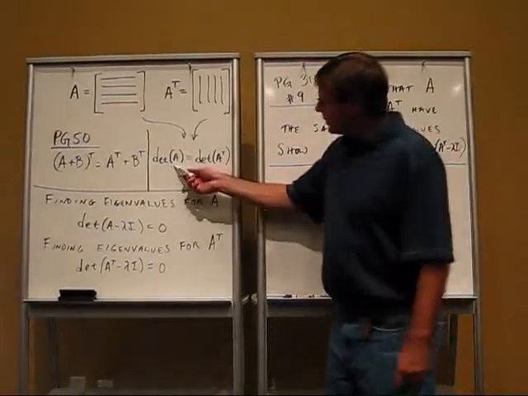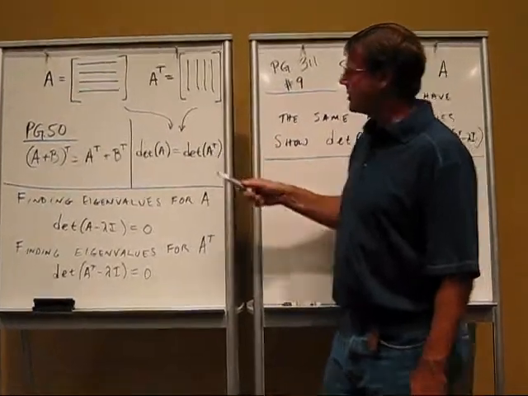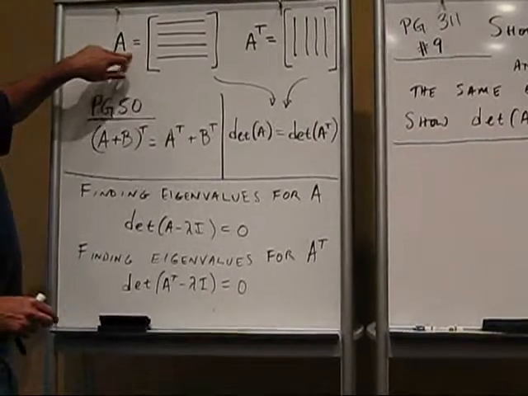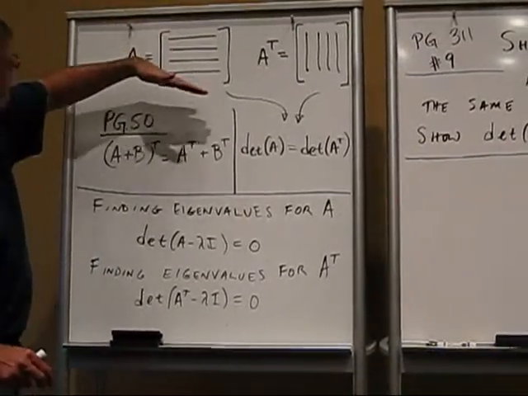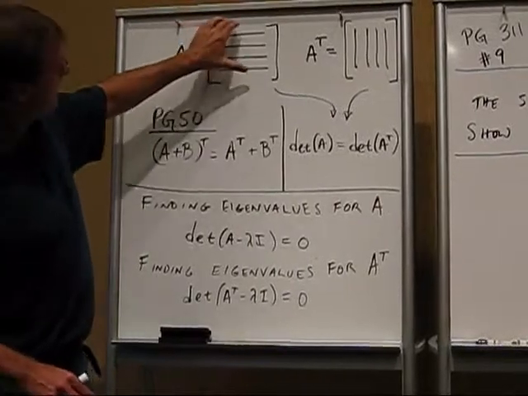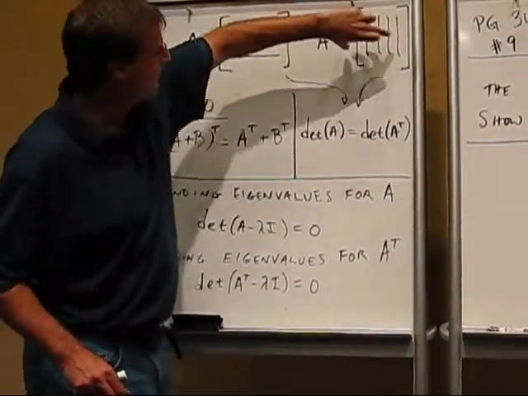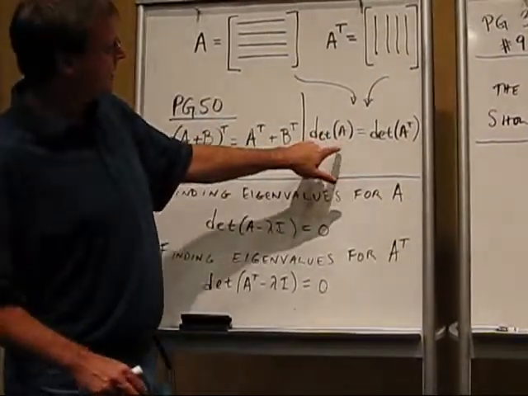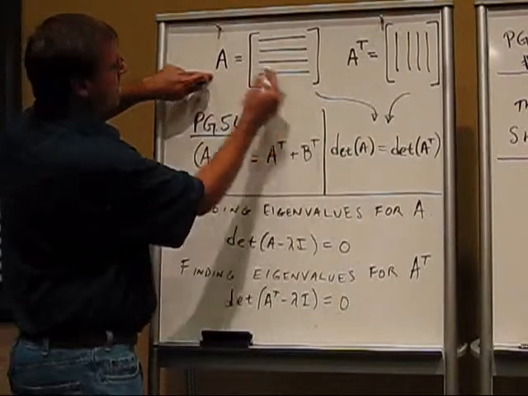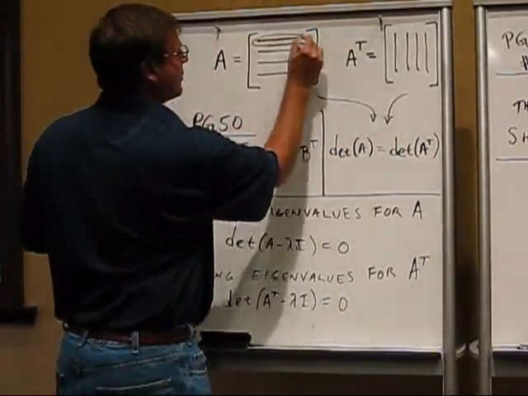This fact that I'm going to use here, determinant of A equals determinant of A transpose. So why is that true? Well, here's A. It's a bunch of rows. And when I create the transpose from A, I basically just take the rows and I turn them and they become columns. So the reason why the determinant doesn't change is when I go to compute the determinant of A, I can do my cofactor expansion along this row.